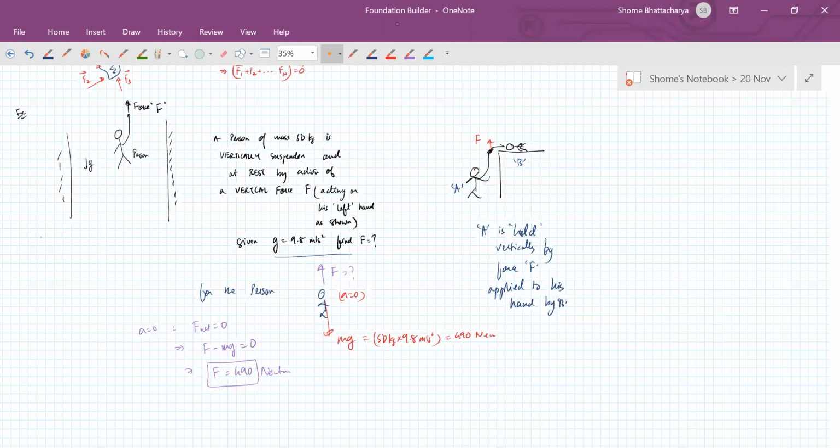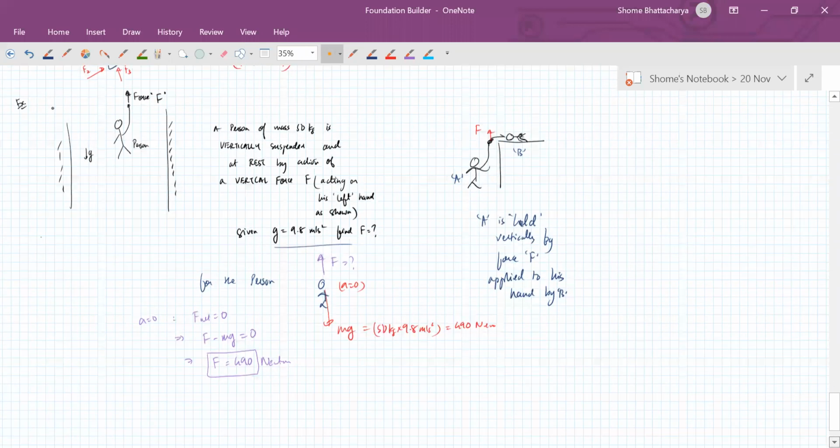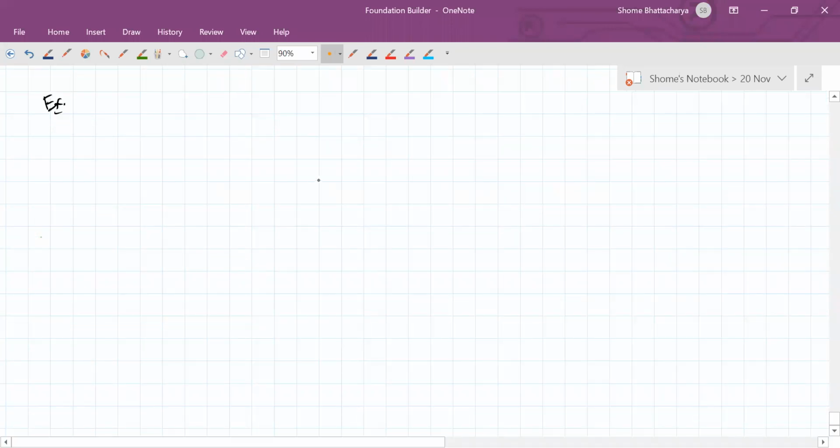Okay, so hope this example is clear. So let's look at one last example now. Now this same person, now there is some force acting on both his hands from either side.